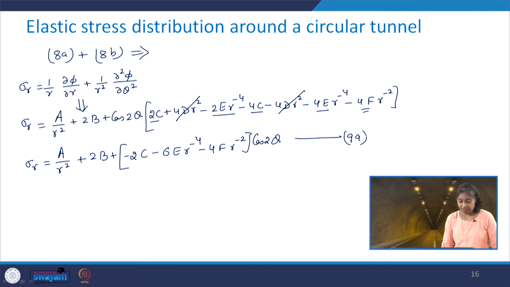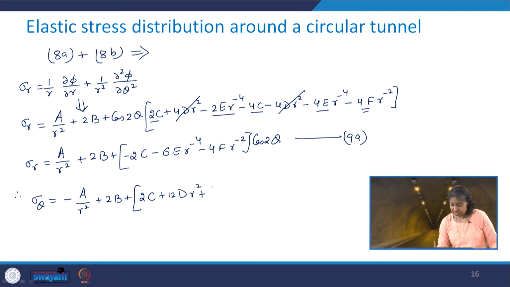Now in a similar way we can have this sigma theta also. So sigma theta can be written as minus a upon r square plus 2b plus 2c plus 12d r square plus 6e r to the power minus 4 cos 2 theta.